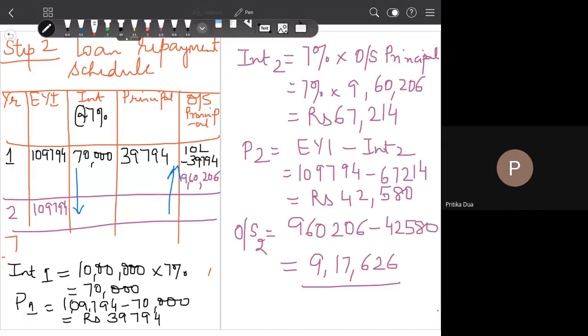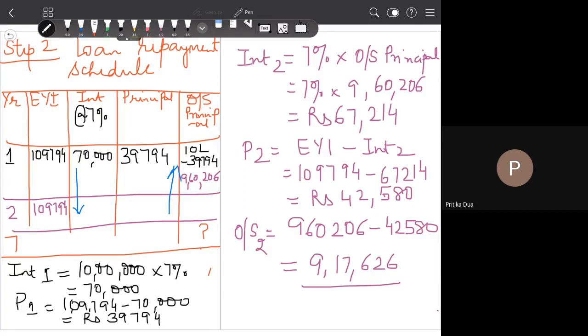So this is what we require, this amount here. The outstanding principal at the end of the seventh year. For that, we prepare the loan repayment schedule. So, loan repayment schedule is nothing but the bifurcation of the yearly installment into interest and principal.